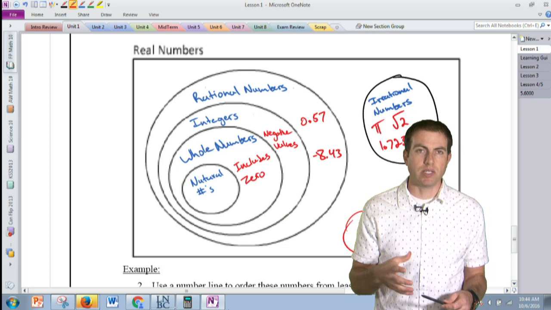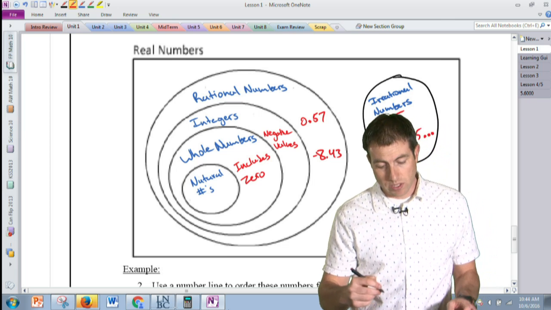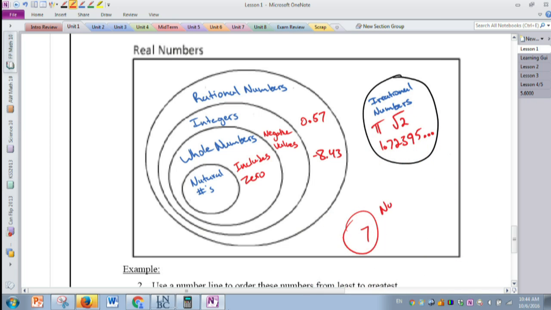Well, 7's a natural number. 7 is also a whole number. 7 is also an integer. 7 is also rational.